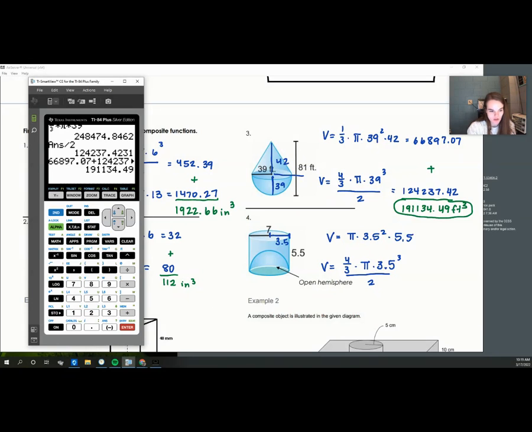Okay, so pi times 3.5 squared times 5.5 gives us 211.66, and then 4/3 times pi times 3.5 cubed gives us 107.